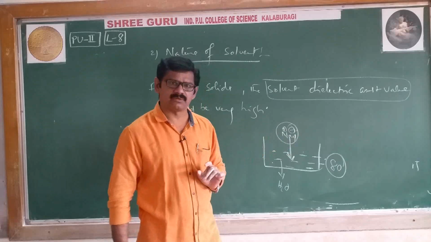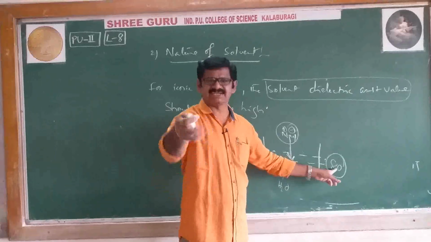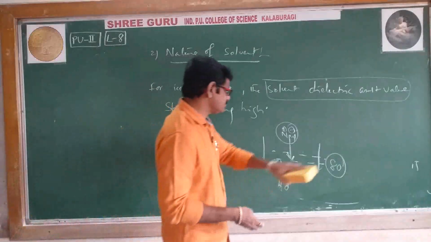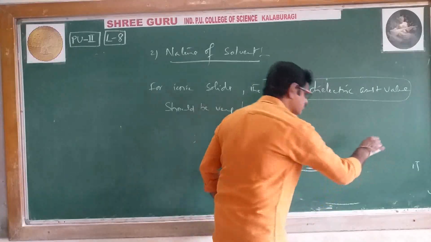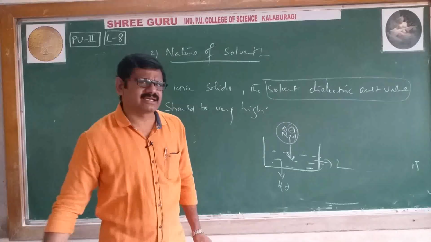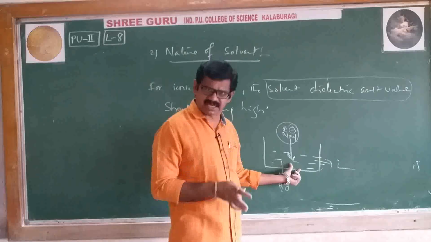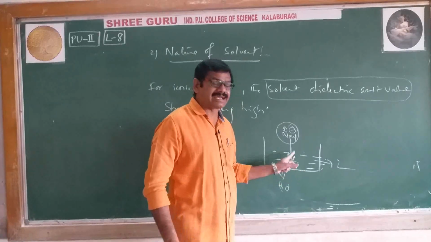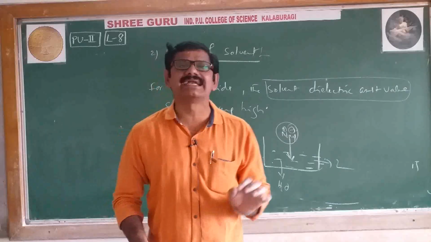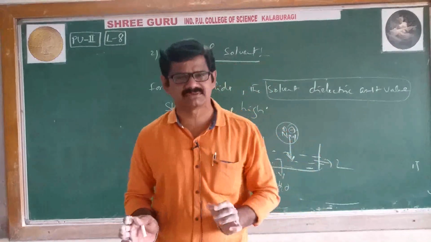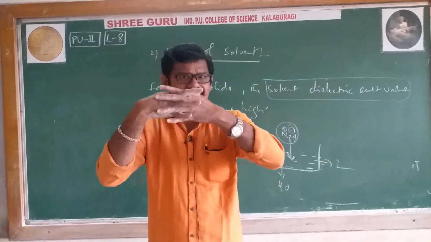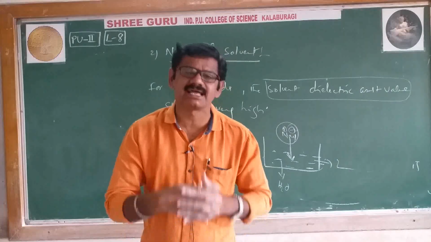Suppose the dielectric constant value is very low, just imagine it is only 2. What is the meaning? When an ionic compound dissolves in that solvent, attraction forces are decreased by only 2 times. Still more attraction forces are there in that solvent.